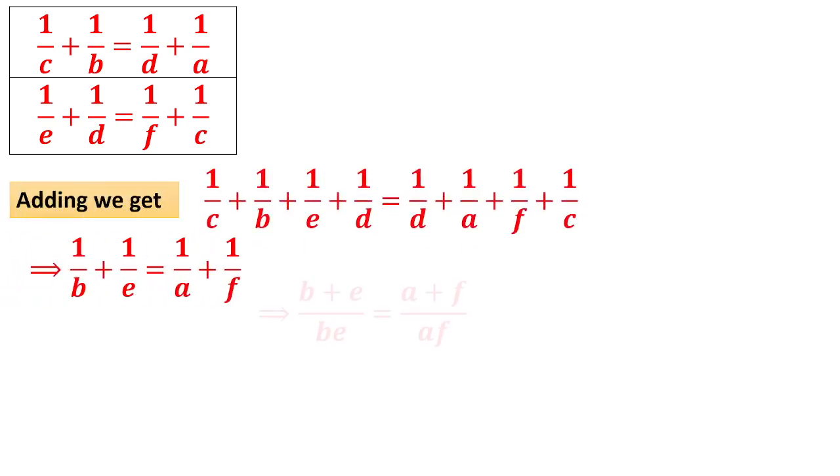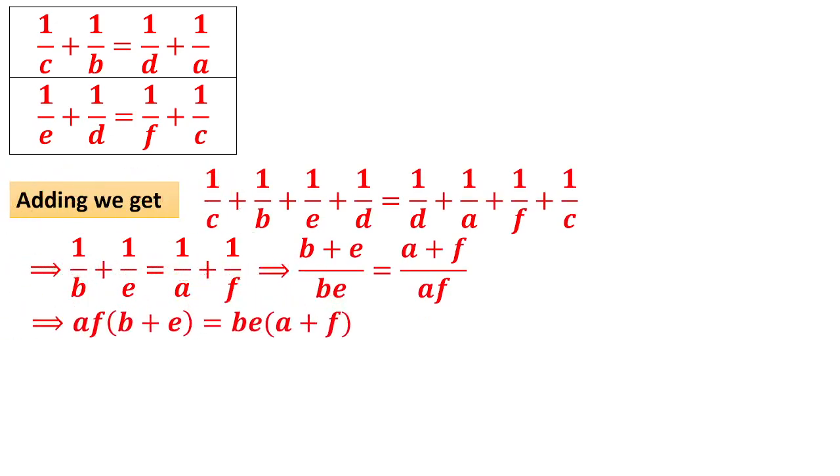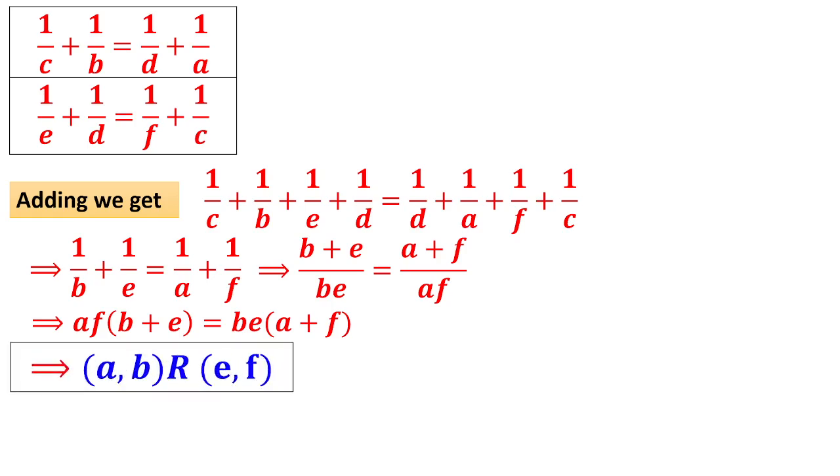When I add and take the LCM, I will get AF into B plus E is equal to BE into A plus F, which is nothing but A comma B related to E comma F. This problem has come in CBSE several times. So you can note down the problem, but remember, if you write it clearly, only then marks will be given. You cannot bluff by simply saying clearly reflexive, clearly symmetric, clearly transitive; marks may be cut.